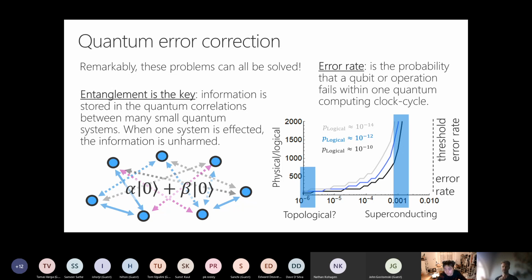So for example, if the probability of failure is 10 to the minus 3, which is roughly what the superconducting qubit approaches are aiming for, then this is kind of the ballpark, using this particular approach, of the number of qubits that will be needed to store a single logical qubit, number of physical qubits per logical. But using that same approach, if you manage to achieve a much lower error rate, which could be possible with, for example, the topological approach, then you might need far fewer qubits.